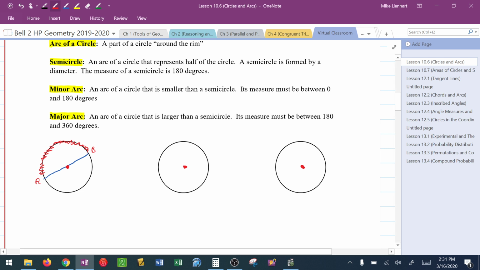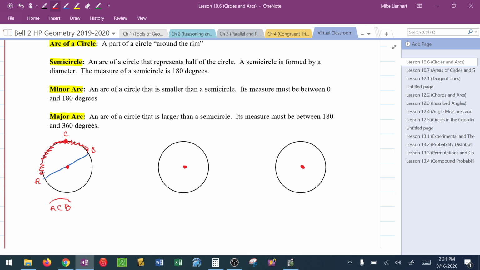So whenever I am naming an arc that's 180 or larger, I need to have a pathway. So this would be known as arc ACB, where it starts, where it stops, and a point that it passes through. We put a little arc symbol over the top of it. So this semicircle is known as arc ACB.